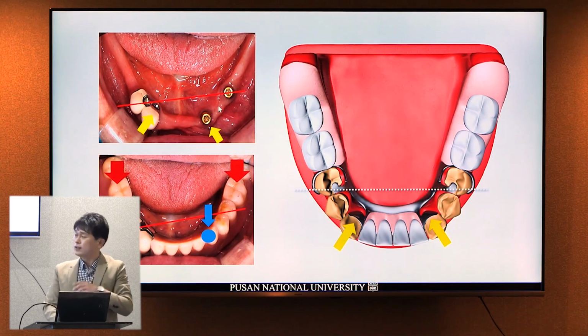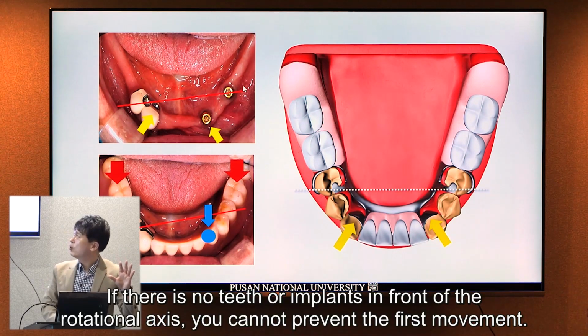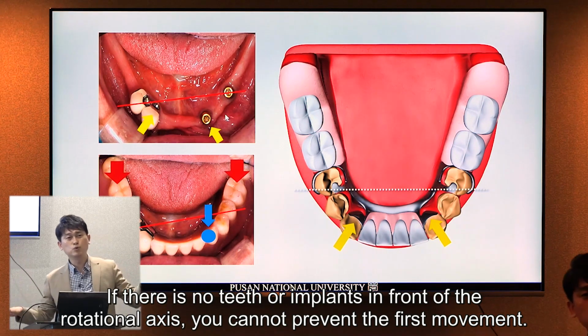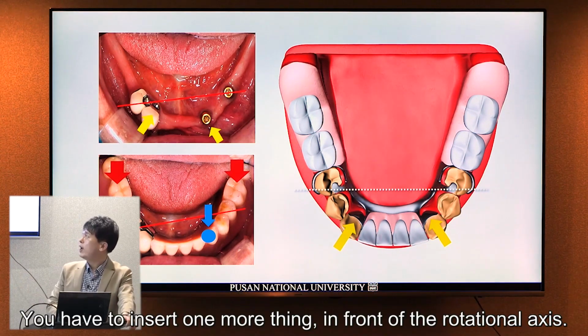So what I mean is, if there are no teeth or implant in front of the rotational axis, you cannot prevent the burst movement. You have to insert one more thing in front of the rotational axis.